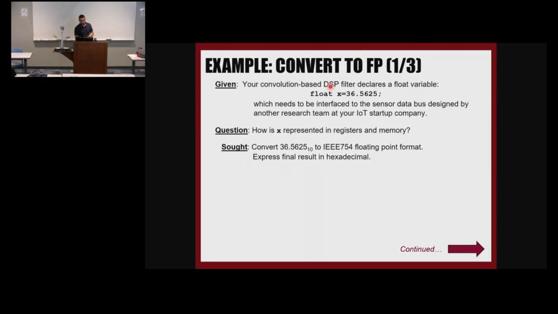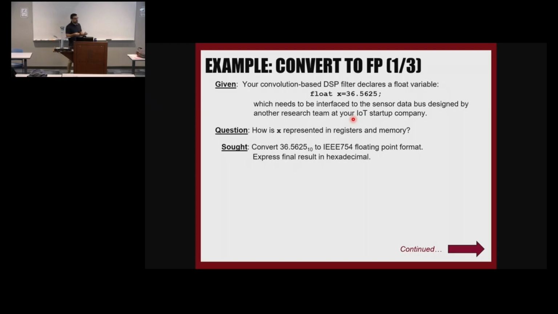Okay, that's a floating point representation of that number. And this needs to be interfaced to the sensor data bus designed by another team. And what you want to see is what is the binary number in the memory, or what binary number is passed through this data bus.